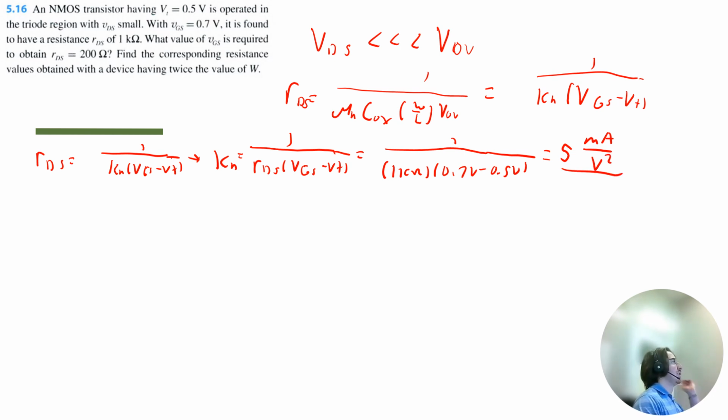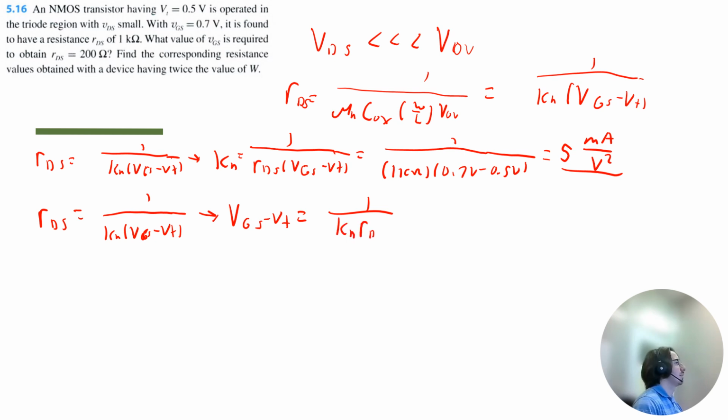Now we can solve for VGS in this new case. So let me write down the original equation again: RDS equals 1 divided by Kn times VGS minus VT. We want to isolate VGS, so let's move VGS minus VT to the left side, and then divide by RDS to the right side. So we get VGS minus VT is equal to 1 divided by Kn RDS, and then we just need to add VT to the other side.